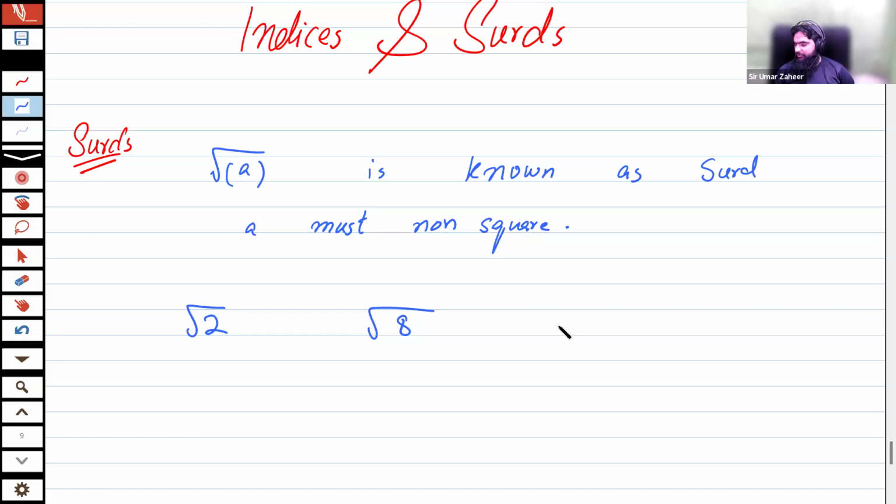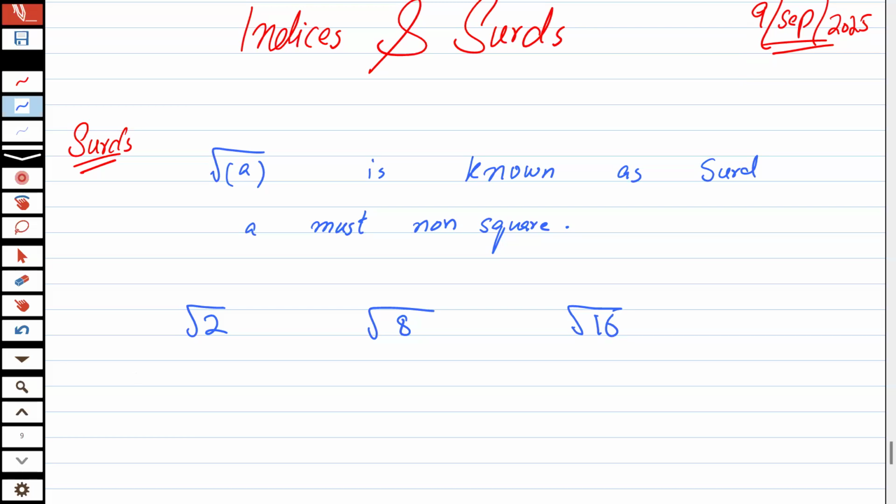In the same way, if I talk about 16, tell me, is square root 16 a surd or not? No, because if you simplify it, 16 is a perfect square number, so you are going to get 4.